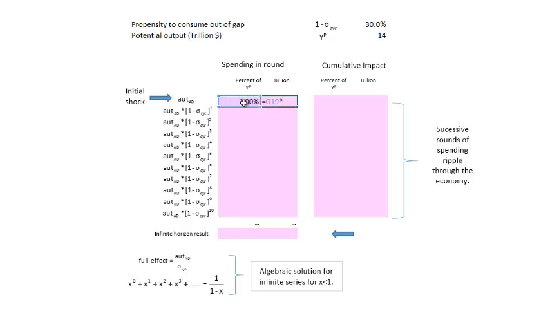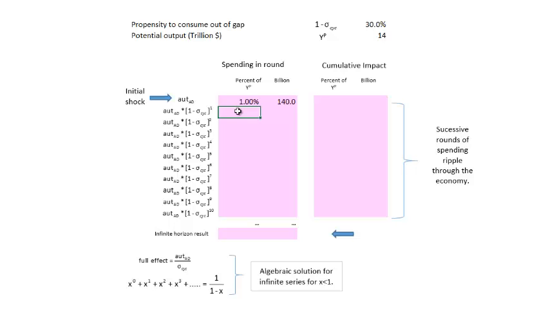So that's 1 times potential output, and we're going to nail down potential output here, and we're going to multiply everything by 1,000 so I can get from trillions to billions. So you can see 1%, or 140 billion.